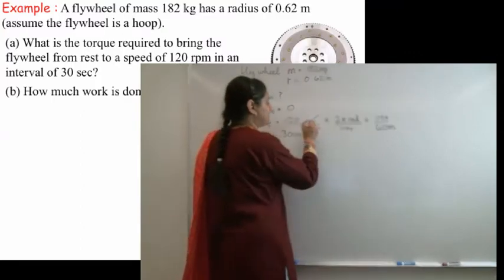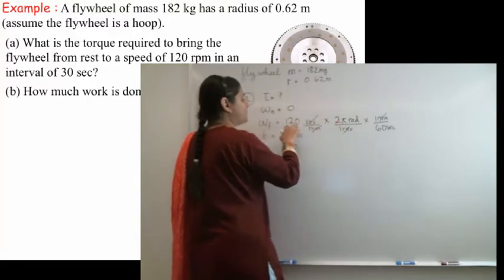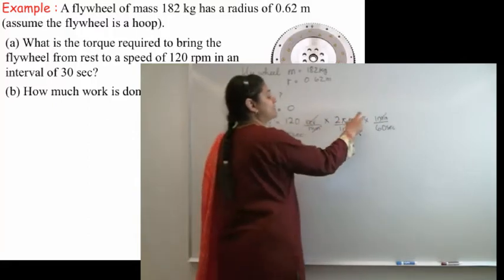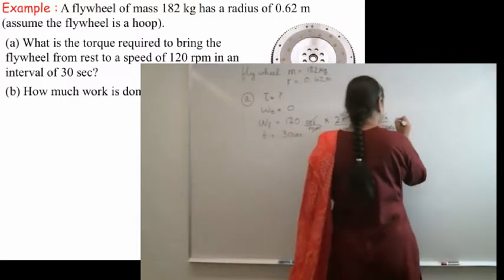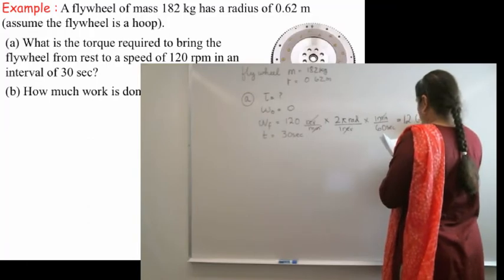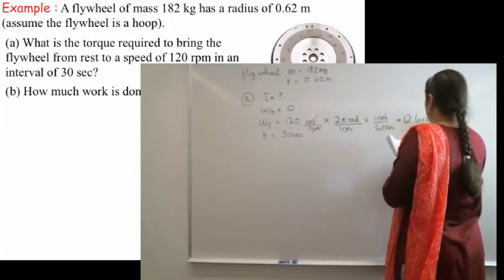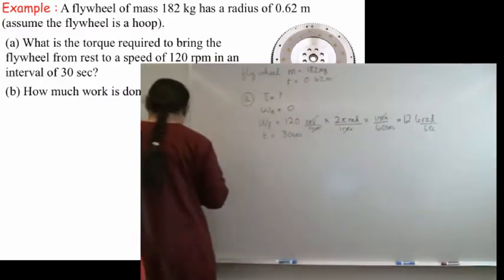In this case, revolutions go away, minutes go away, and I can multiply 120 with 2 pi, and I'm going to get my answer in radians per second. So the answer is going to be 12.6 radians per second. That's the number we're going to use.